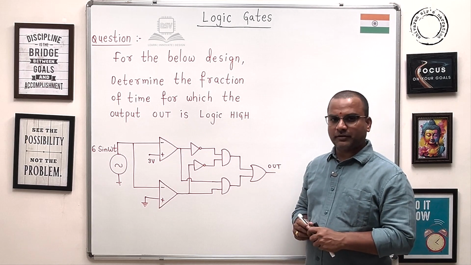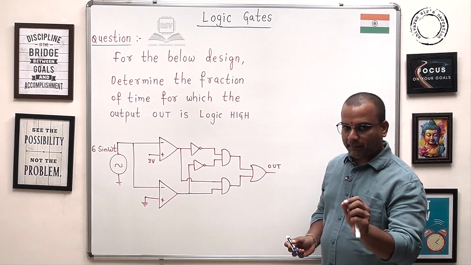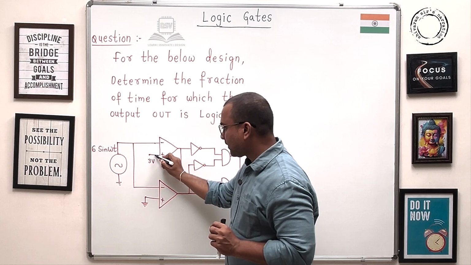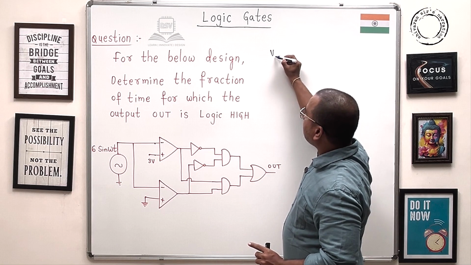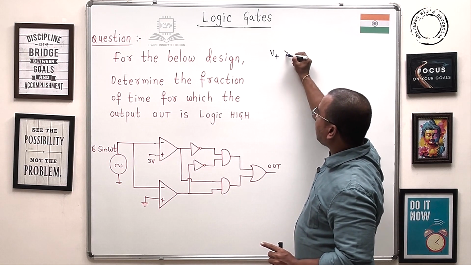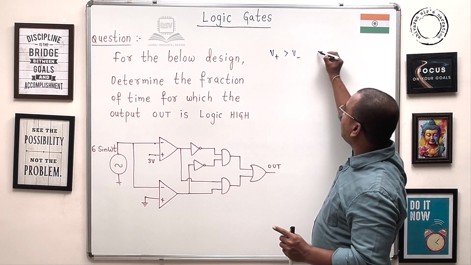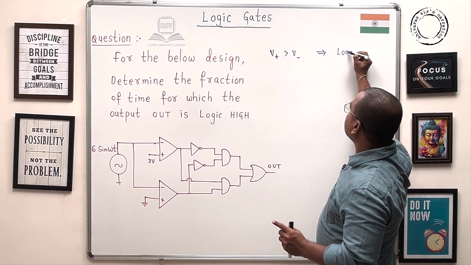How does a comparator work? This comparator is an op amp. This is the inverting terminal, and this is the non-inverting terminal. If the non-inverting terminal voltage is greater than the inverting terminal voltage, then the comparator output is logic 1.